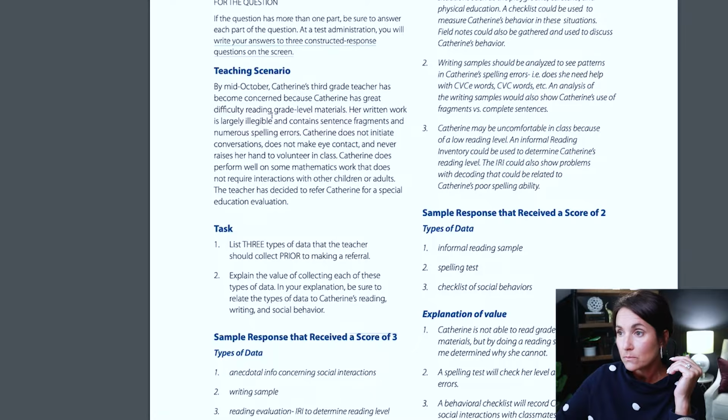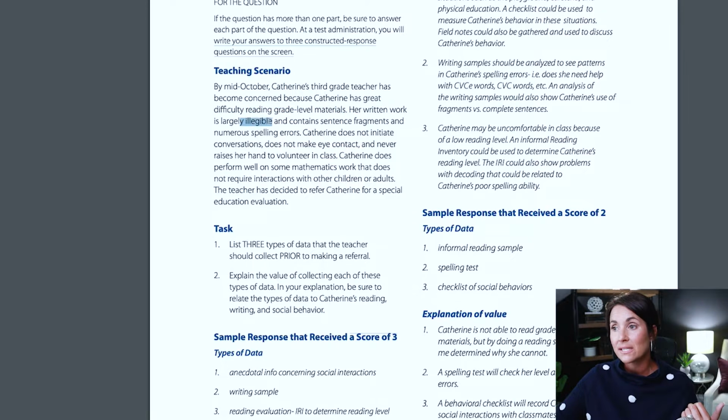So as soon as I start to read like not making eye contact, I need to think about observational data, anecdotal data. That's what's going to go on in my mind, more qualitative data. Here we have reading on grade level. That's another red flag here. Okay, informal reading inventory, running record, maybe some fluency reads, things like that to try to gauge what's going on there.